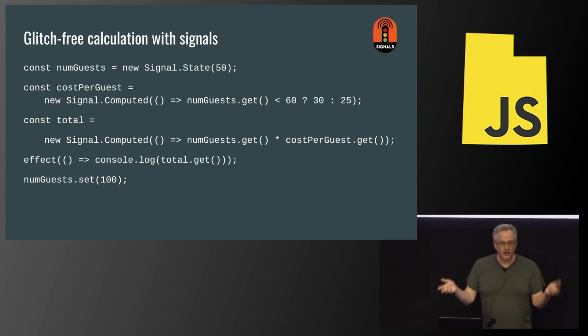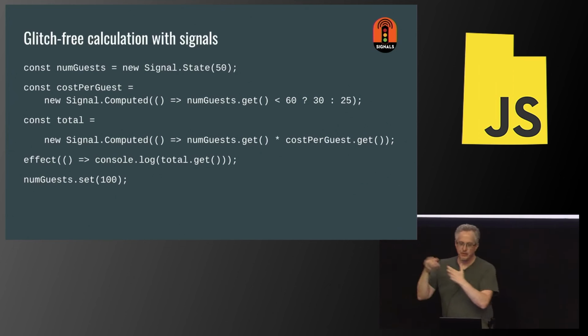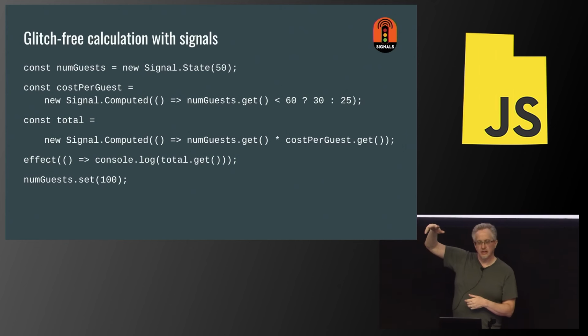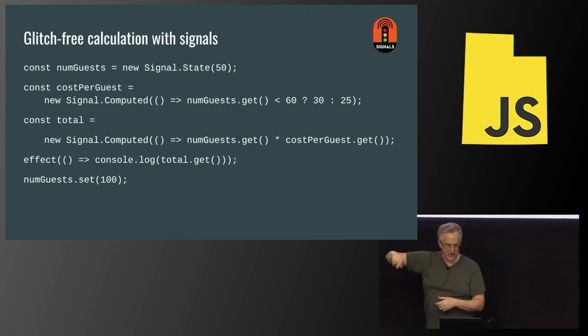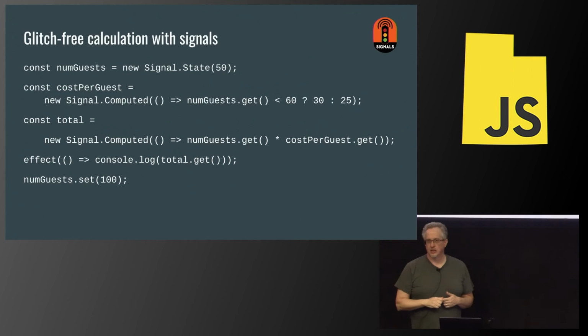And then instead of just calculating cost per guest, we'll have a computed signal that explicitly depends on the other signal. So when num guests changes, it will get recalculated, and it will get the value from num guests, and it'll get that 50 out and say 50 is less than 60, so our number is 30, and that's the value it's going to have in its box.